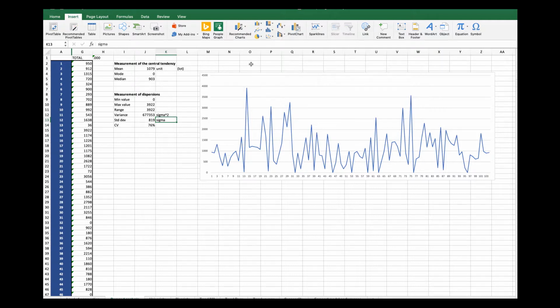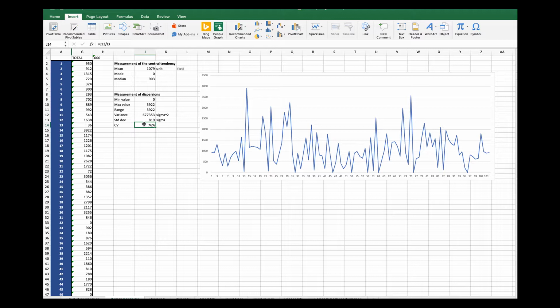The conclusion that we came to is that the series is centered around an average value of 1079 units, which are lots of 12 cans, but actually this is a very unstable demand, or like there is a lot of variability in the demand if you look at the other statistics, because again we have a standard deviation of 819, which is almost equal to the mean, so it means that there is high variability, and a coefficient of variation of 76%.